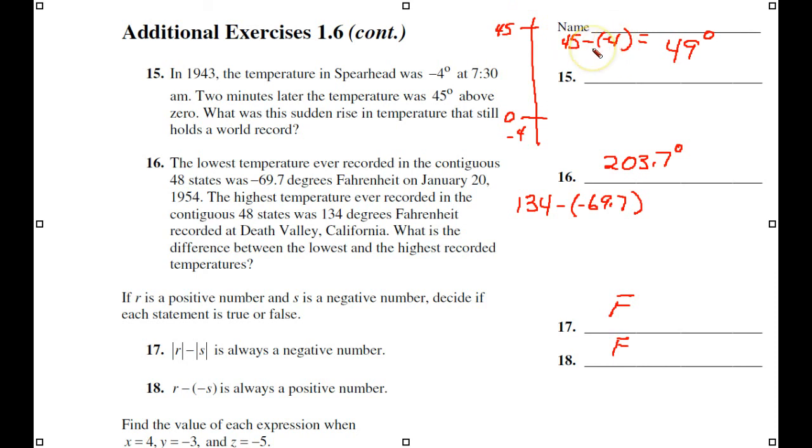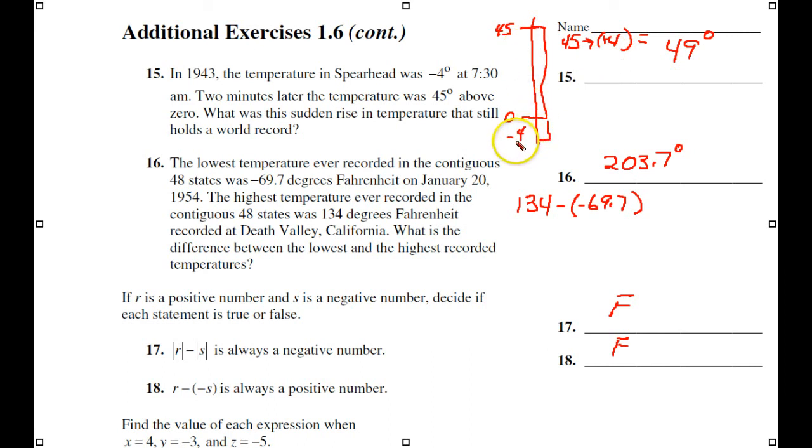Now notice when we go minus a negative 4, this actually becomes a plus. And we end up at 49 degrees because we have to go from here to there. That's 4 degrees. And then all the way up to there. That's another 45.